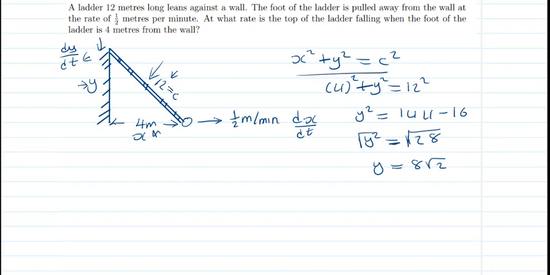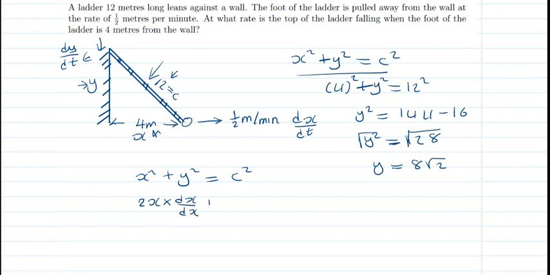So we have x squared plus y squared equals c squared. Differentiating this equation, we have 2x. Of course, we are differentiating with respect to time, so it will be 2x multiplied by dx/dt.